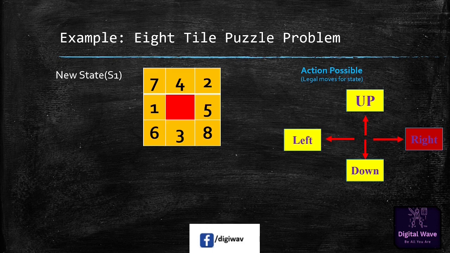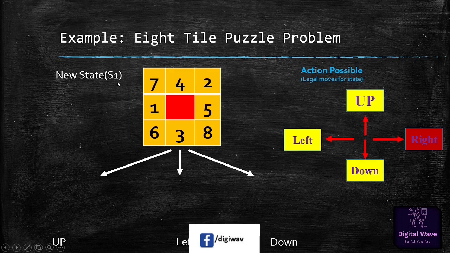Okay, so we don't want to go to our previous state because we have to go forward to solve this problem. So now we will perform these three actions on this state. Now you can see we are denoting this state as a new state, so I have given the name as 1.